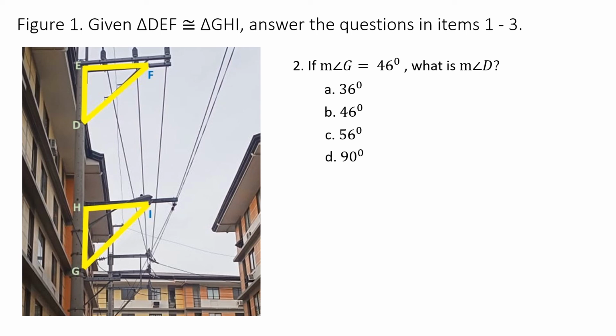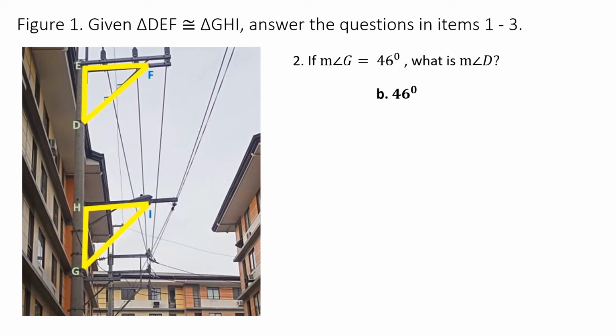Okay, time is up. What is your answer? The answer is letter B, 46 degrees. If the measure of angle G is 46 degrees, the measure of angle D is also 46 degrees because they are corresponding angles.